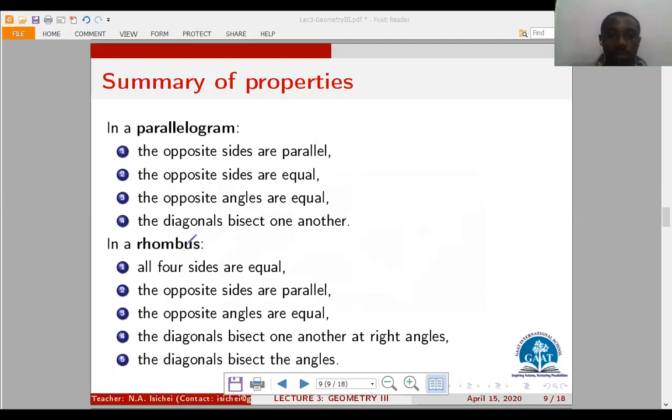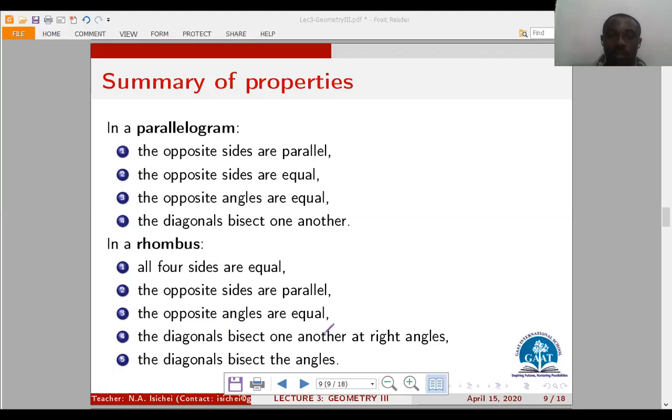In a rhombus, all 4 sides are equal, the opposite sides are parallel, the opposite angles are equal, the diagonals bisect one another at right angles, and the diagonals bisect the angles. Did you see that?